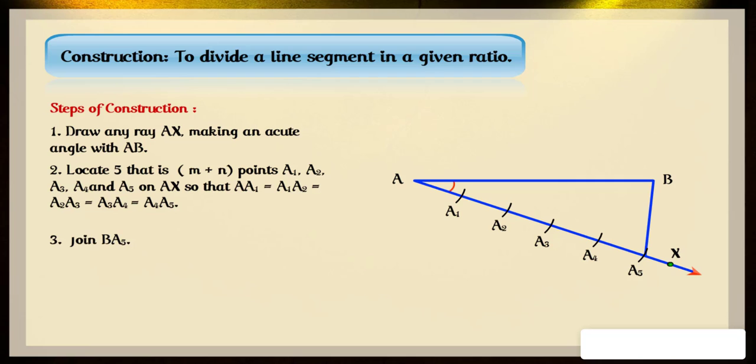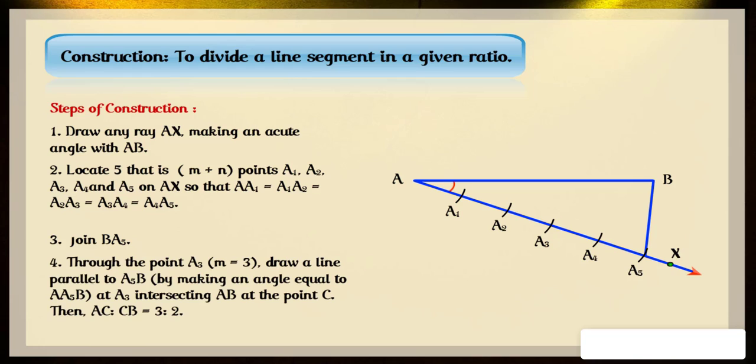Join BA5. 4. Through the point A3, m = 3, draw a line parallel to A5B by making an angle equal to angle AA5B at A3, intersecting AB at the point C. Then AC is to CB is equal to 3:2.